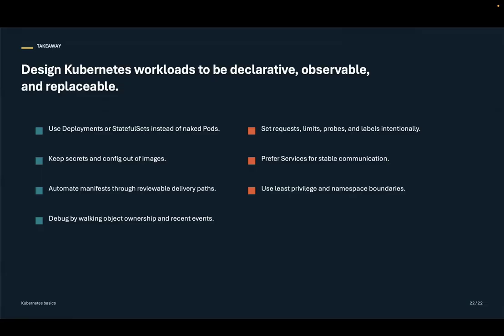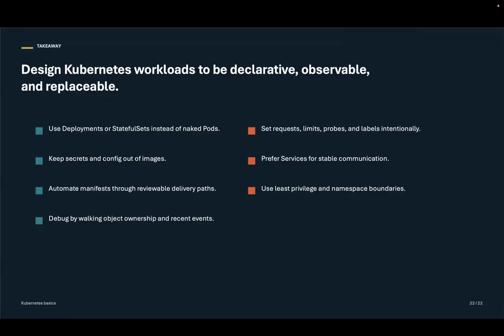Automated delivery happens through reviewable workflows through GitOps or other tools like Helm or Kustomize. Then you apply least privilege, which you achieve through namespaces, role-based access control, and service accounts.